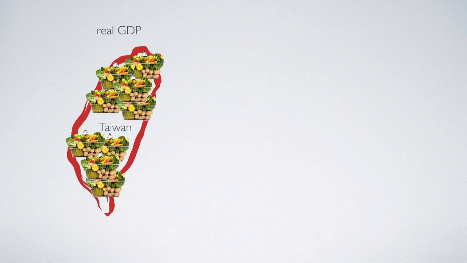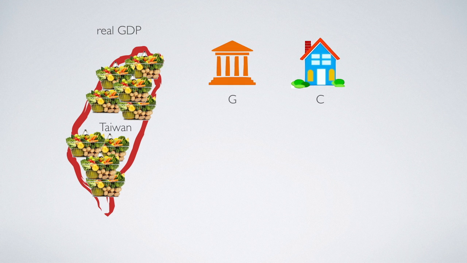We use another way to express the idea. Suppose the domestic economy is Taiwan, and every period Taiwan produces so many baskets of commodities. This represents our real GDP level. It can be used only for government purchase or for household consumption.